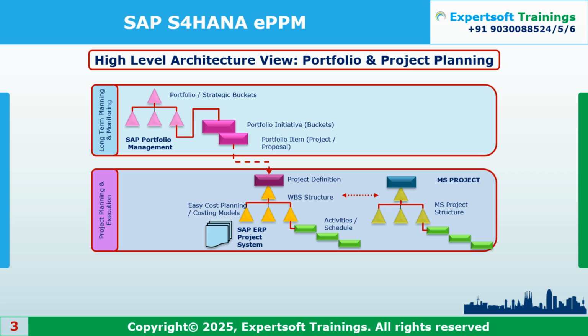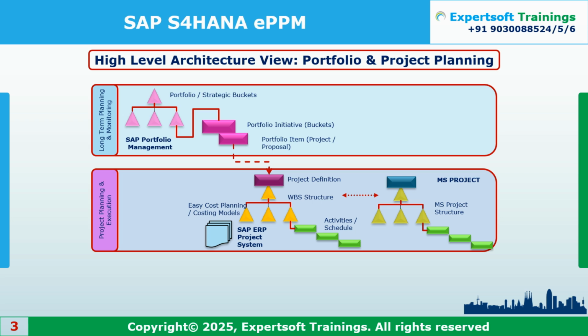Suppose this is one of the Reliance. Under Reliance, maybe Jio, one group of companies, then Reliance Oil and Gas, then Reliance Retail Industries. This is one way, or you can also consider this as a group of projects.